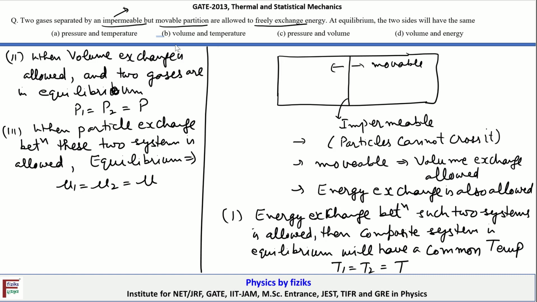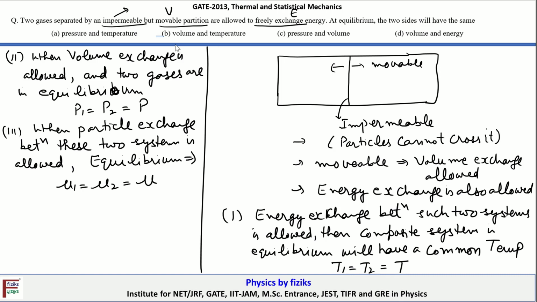In principle, the mathematical solution for this problem exists, but that would be a very lengthy affair. So I'm providing the final conclusion here. Just based upon these three important points, we can draw the conclusion. In the present case, we have volume exchange as well as energy exchange.